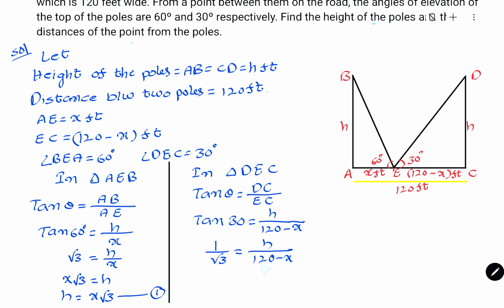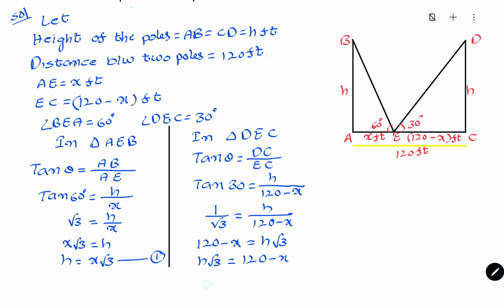Now do cross multiplication. Then 1 into 120 minus x is 120 minus x. Here H root 3. We can write H root 3 is equal to 120 minus x. Now transpose root 3 from LHS to RHS. Then it will divide RHS. 120 minus x by root 3. This is the equation number 2.